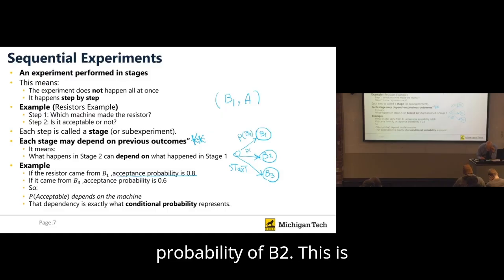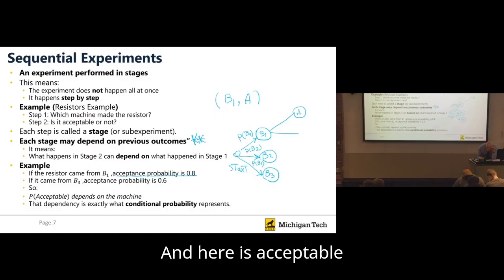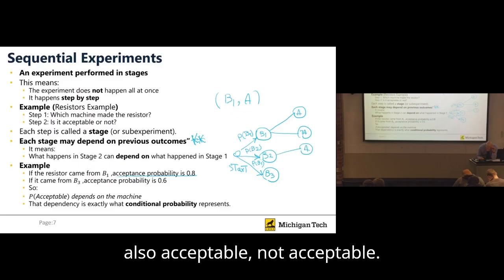This is the probability of B2, this is the probability of B3. And here is acceptable or not acceptable, and again acceptable, not acceptable.